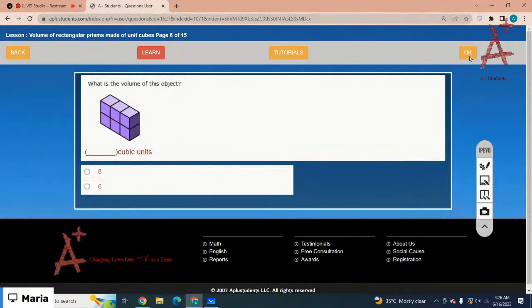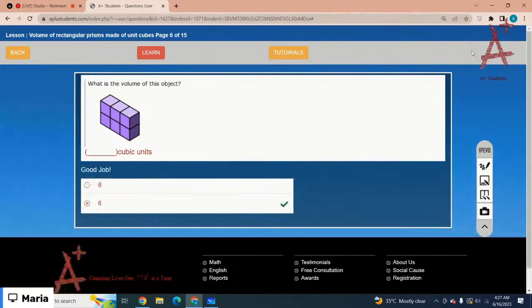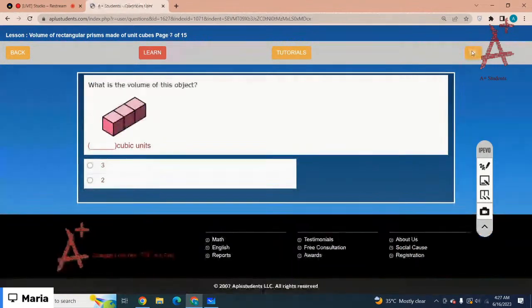What is the volume of the object? It would be 2 times 3. So that equals 6. What is the volume of the object?